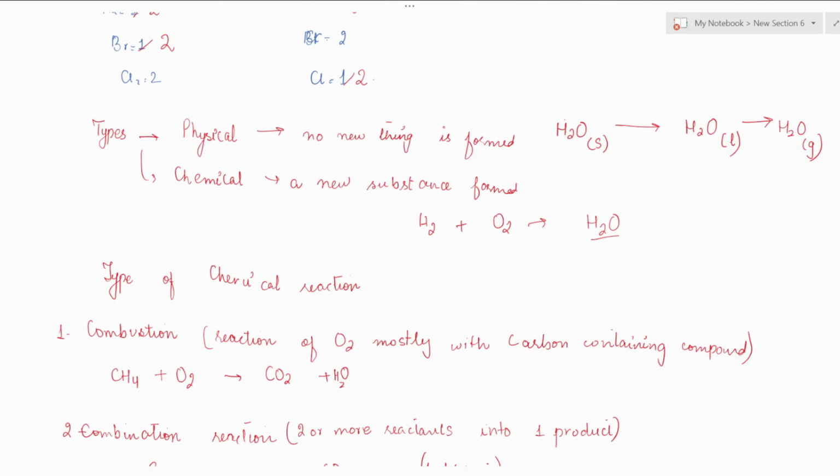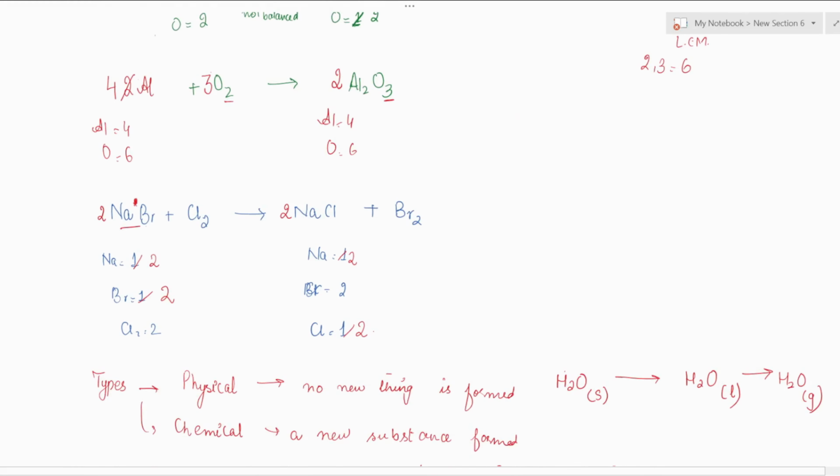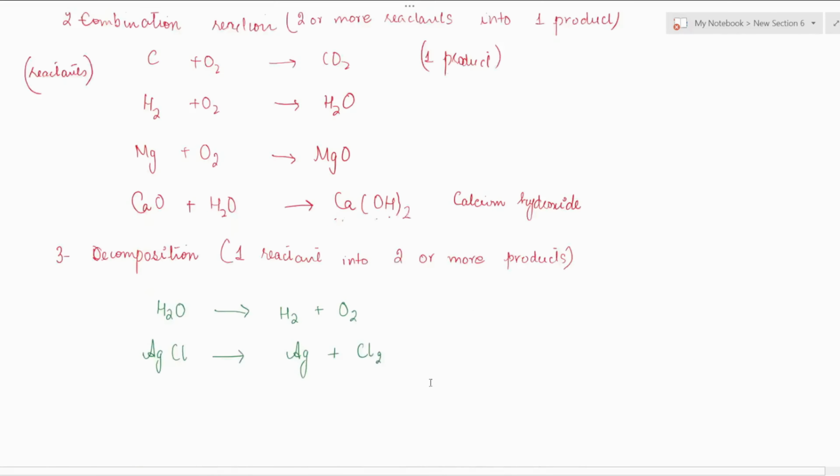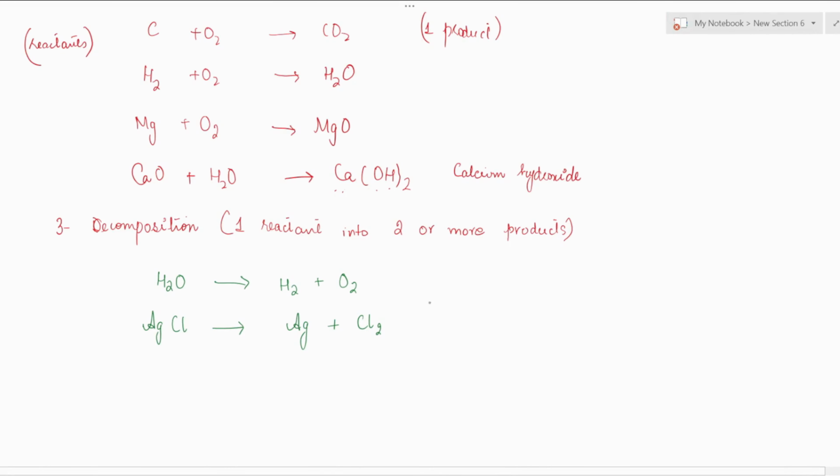Let me give you another example we have discussed already. Cl2 and Br2, right? When they are alone, they are diatomic. Diatomic means there are two atoms. They are diatomic molecules.